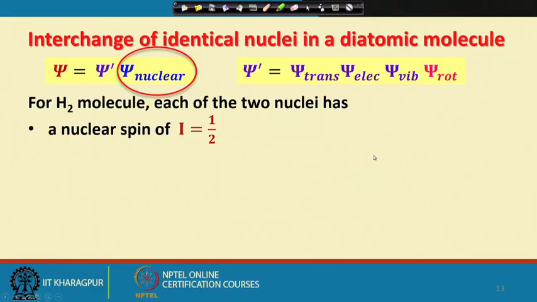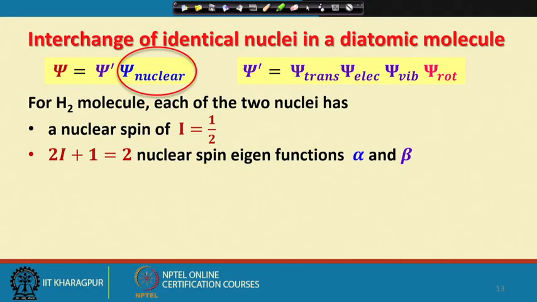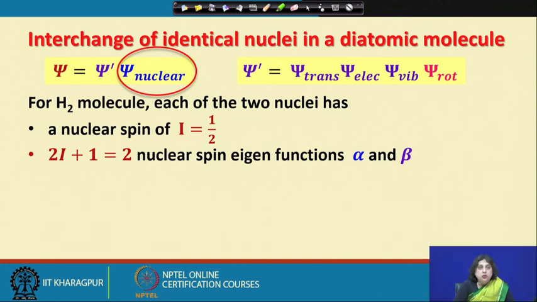You would say that from our initial knowledge about atomic structure, each hydrogen atom nucleus is associated with a nuclear spin of half, and then there will be nuclear spin eigenfunctions alpha and beta.